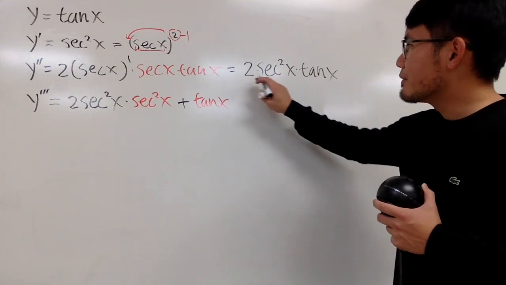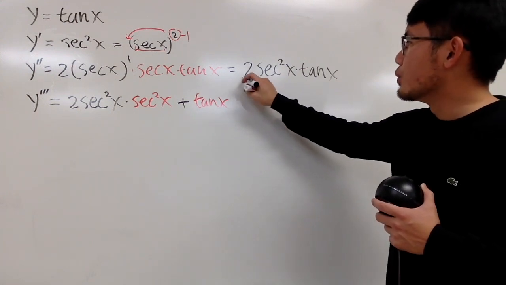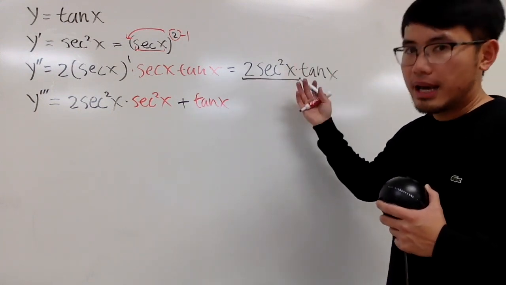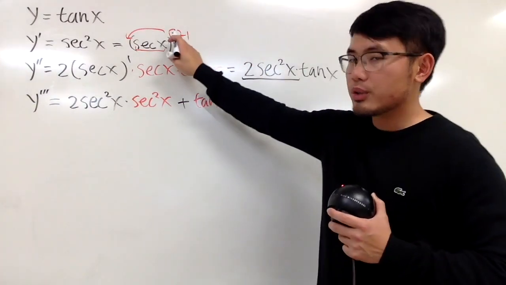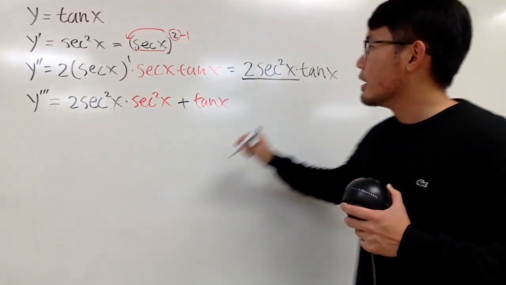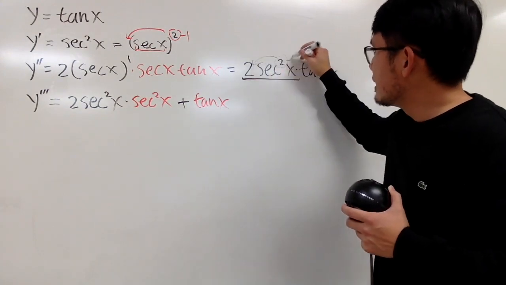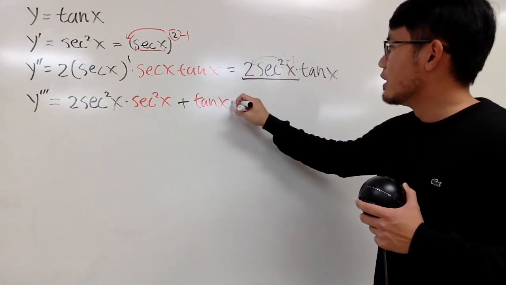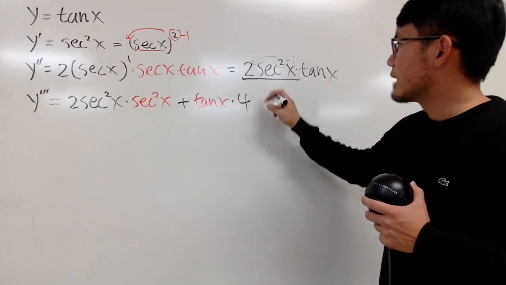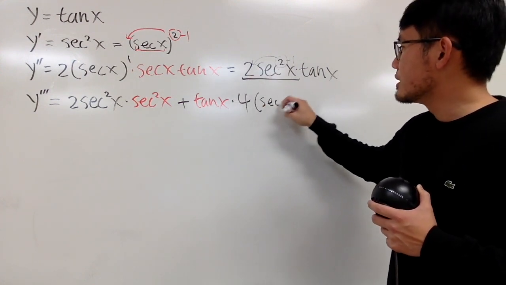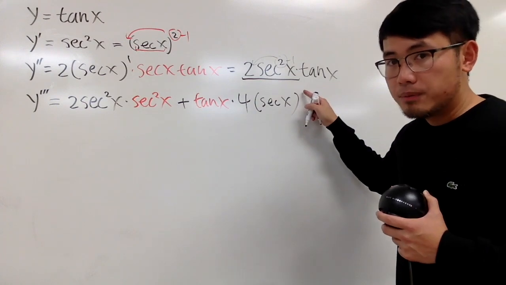Well, we have to now differentiate 2 secant square x. Very similar to this procedure here. Go ahead and put the 2 to the front and then minus 1. So you actually end up with 4 times the input stays the same, which is secant x to the first power.